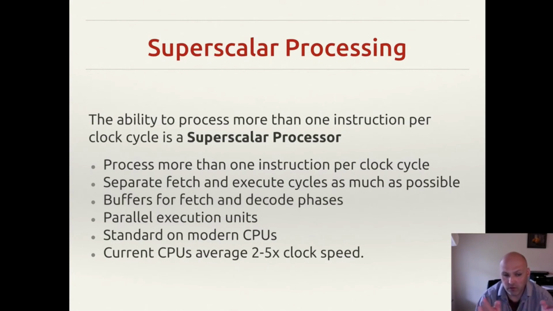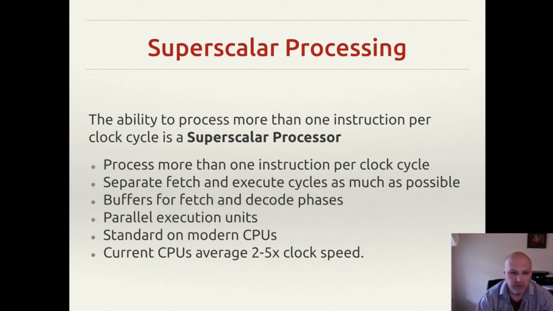Because of this, we're going to have an output, hopefully, of more than 1 instruction per CPU cycle. In fact, modern CPUs do use this, and they usually achieve a 2 to 5x improvement, 2 to 5 instructions completed per clock cycle.